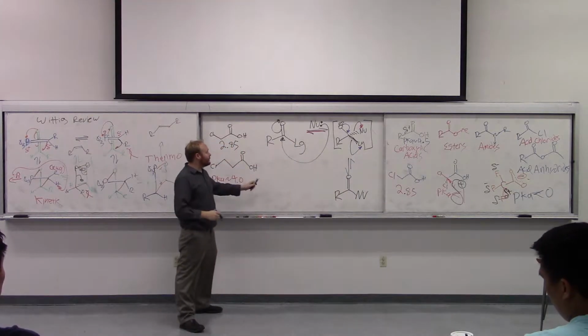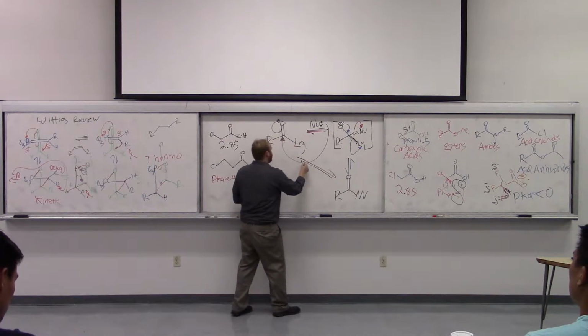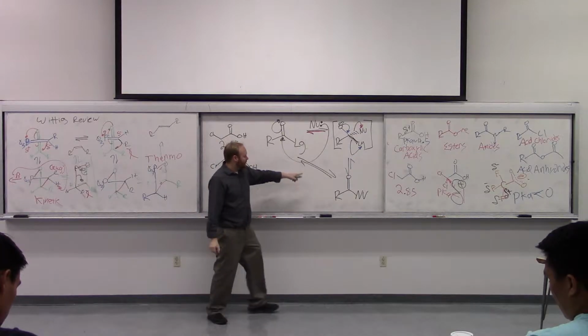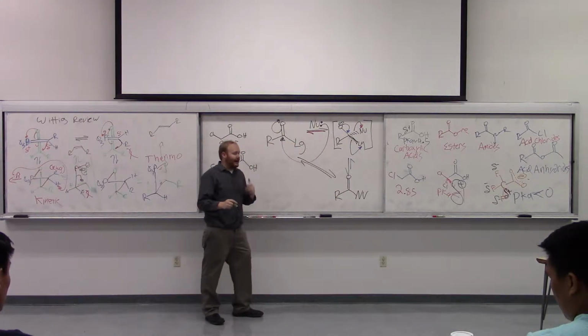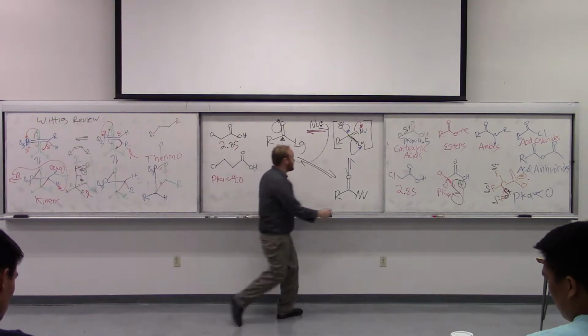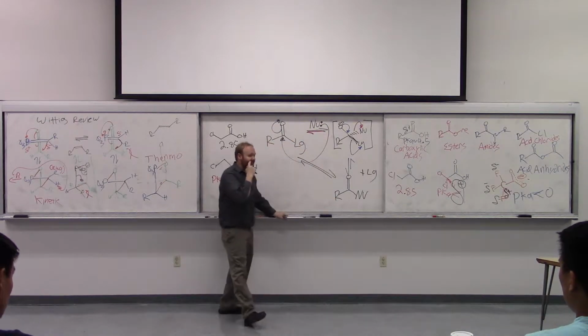And the equilibrium of this reaction, going from the carbonyl of the leaving group to the carbonyl of the nucleophile, is going to be decided by the difference in pKa's between the nucleophile and the leaving group.